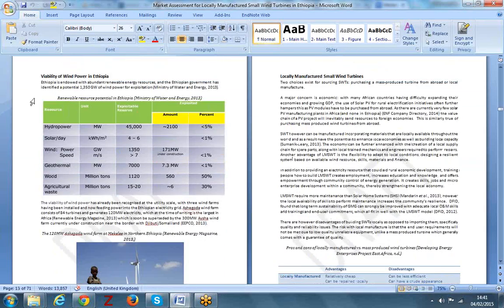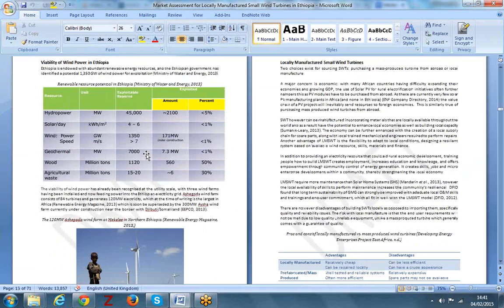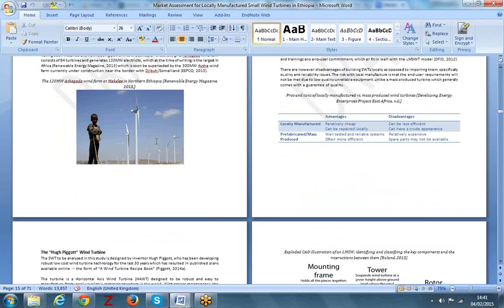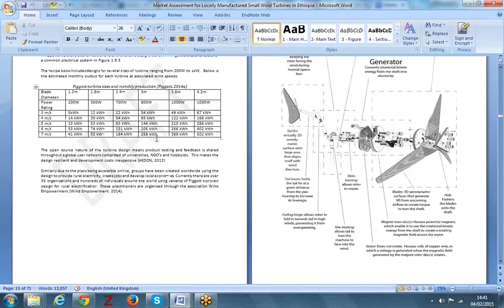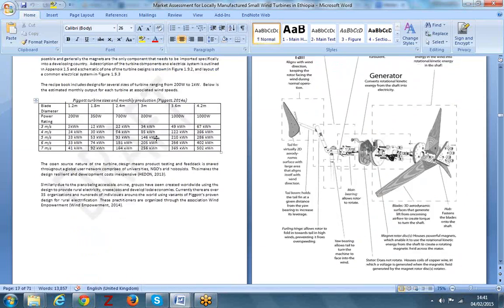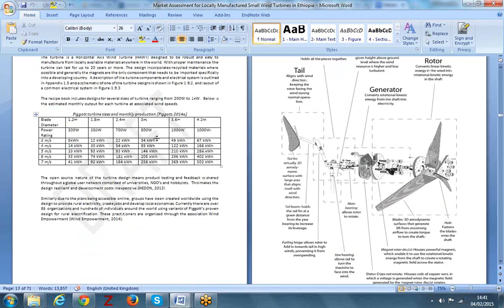An introduction to the viability of wind power in Ethiopia, and the advantages and disadvantages of locally manufactured wind turbines, which I'm sure all of you know about. And then, of course, the Hugh Piggott wind turbine, which is just to introduce the technology to anyone that doesn't know about it.